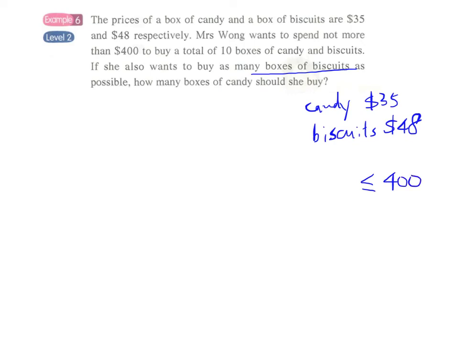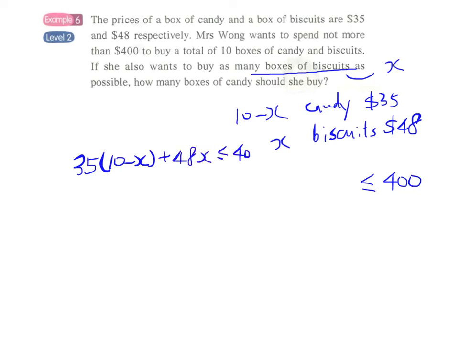So let's let the number of boxes of biscuits be x, since she wants to buy as many boxes of biscuits as possible. And then the number of boxes of candy will be 10 minus x. And now we can find the total cost, which will be 35 times (10 minus x) plus 40x. And this should be less than $400.